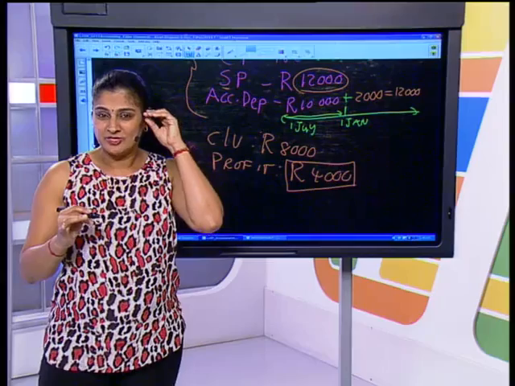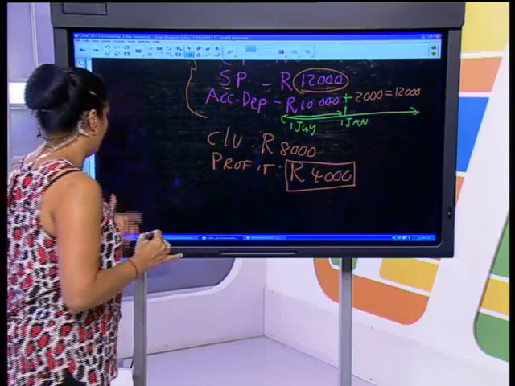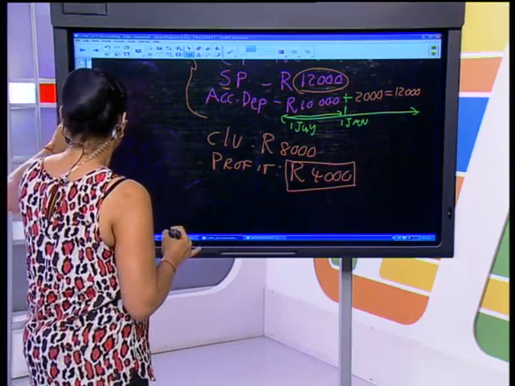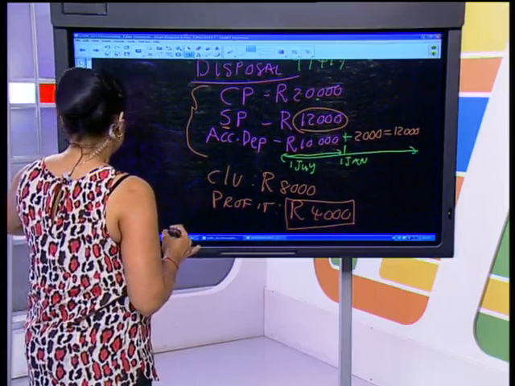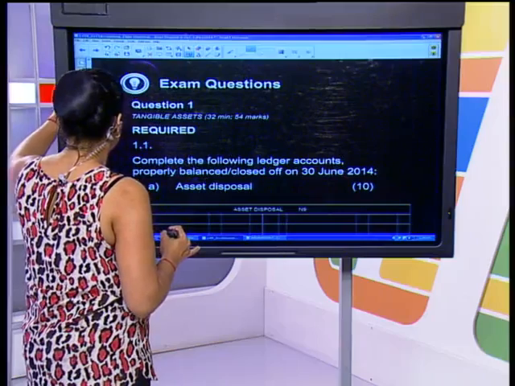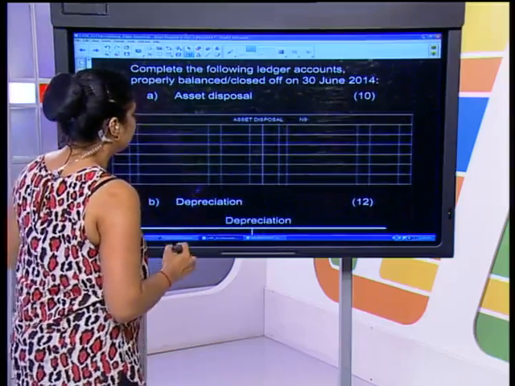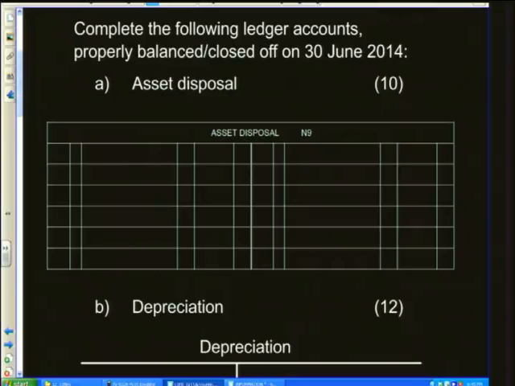Now, all of this information, guys, we need to now put it into our T account, which is my asset disposal. So let's do that. We've got all the amounts already. So this is now the easy part, guys, because you know how to do this. Asset disposal, on the debit side, I'm going to record my cost, which is 20,000. Remember, you're going to fill in your dates and folio references.